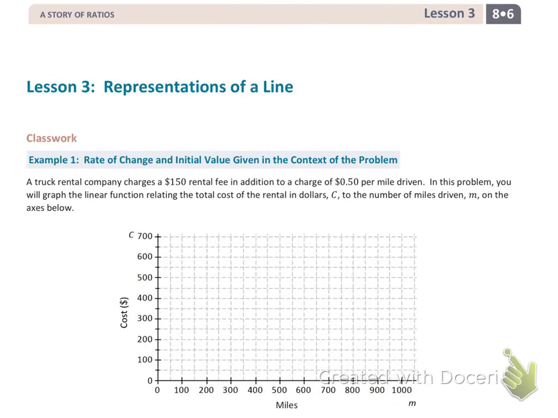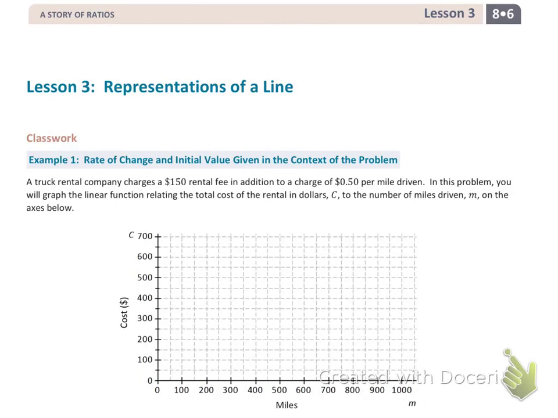So a truck rental company charges a $150 rental fee in addition to a charge of 50 cents per mile driven. In this problem, you will graph the linear function relating the total cost of the rental in dollars, and we're going to call that C, to the number of miles driven, M, on the axes below.